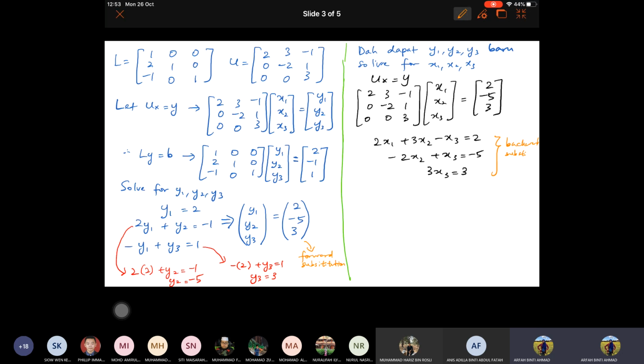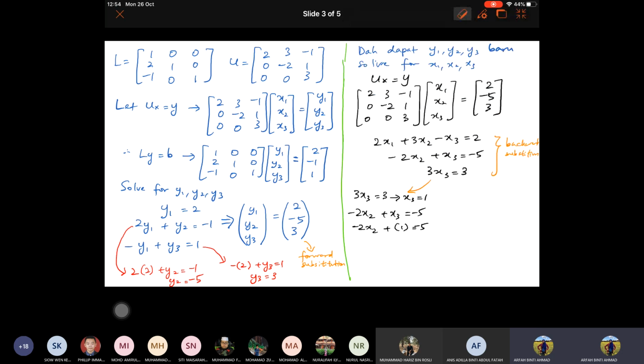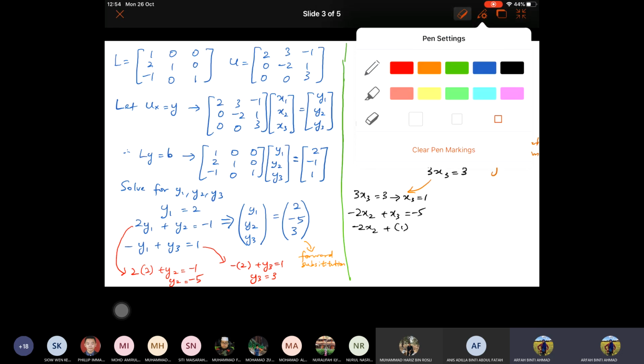Backward substitution sebab kita dapatkan x3 dahulu. So, yang ini awak boleh dapatkan dia. 3x3 sama dengan 3. So, x3 sama dengan 1. Okay. Negatif 2x2 tambah x3 sama dengan negatif 5. Negatif 2x2 tambah 1 sama dengan negatif 5.